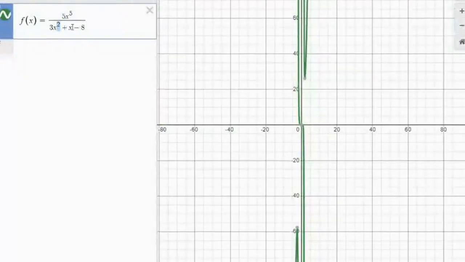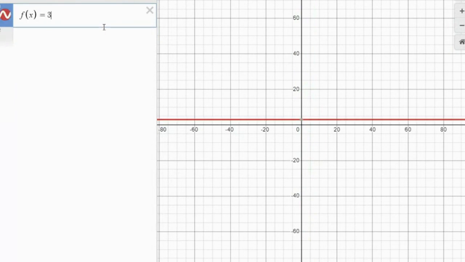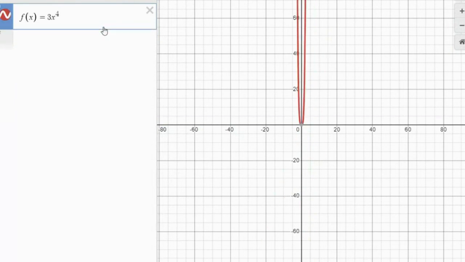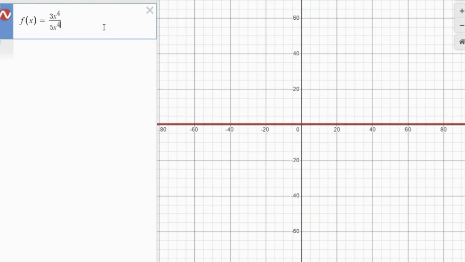Let's say we've got f of x equals 3x to the fourth divided by 5x to the fourth. All the rest of that, oh, I guess we need something up there, otherwise it just makes a line.